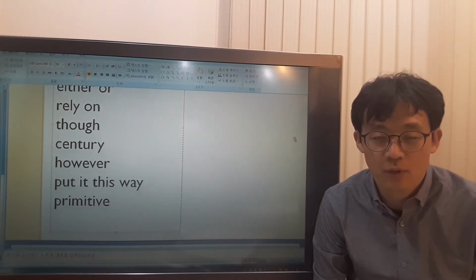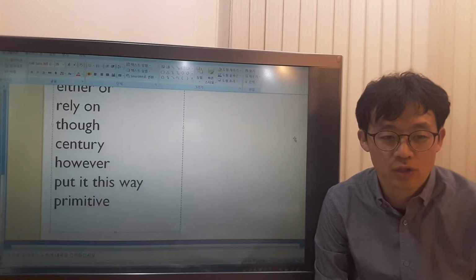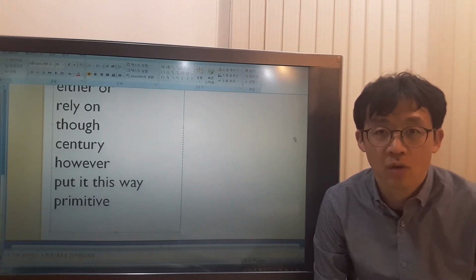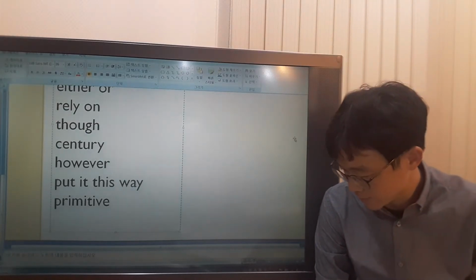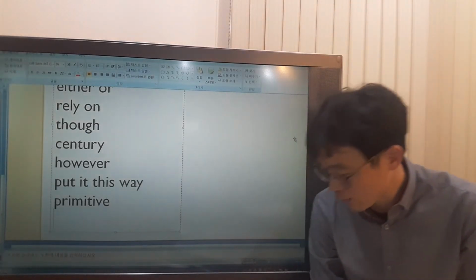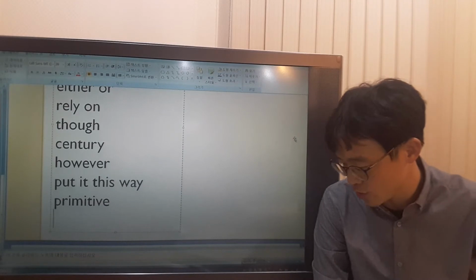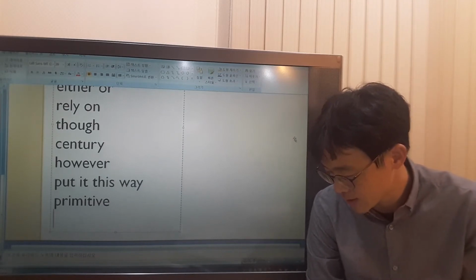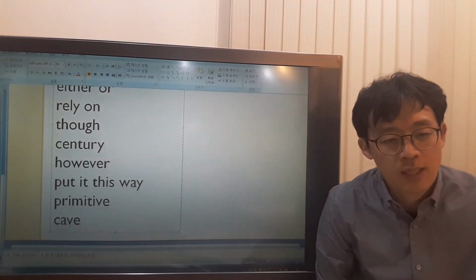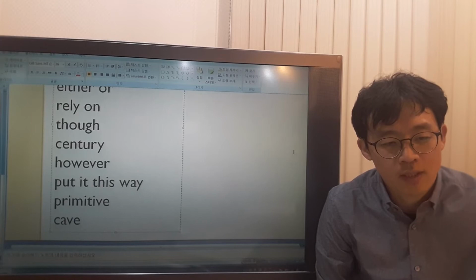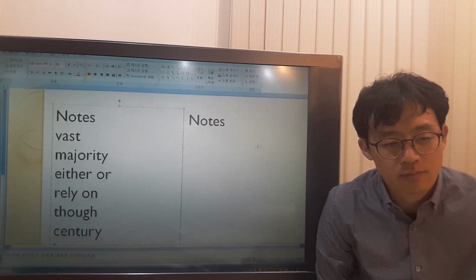People living in a simple way, and usually not having any industry or a writing system, okay? That's being primitive. Primitive men used watercolors to create cave paintings. What's a cave? Cave is a large hole in the side of a cliff or hill, okay? Or underground.